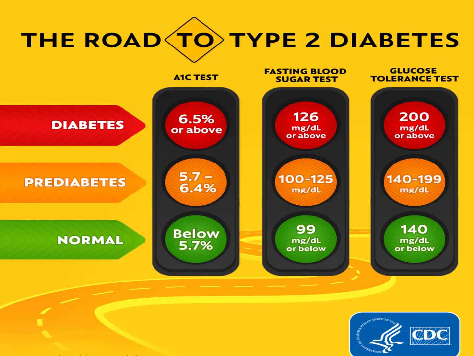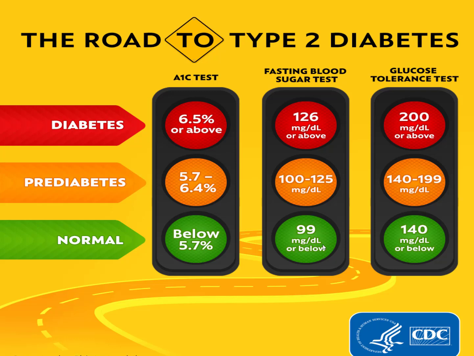All right, so this is provided by the CDC, which is a diagram showing you how you can get to type 2 diabetes. Okay, so if you're normal, you should be able to see your A1C test below 5.7%, and your fasting blood glucose test should be below 99.